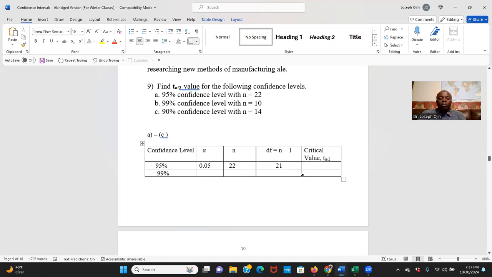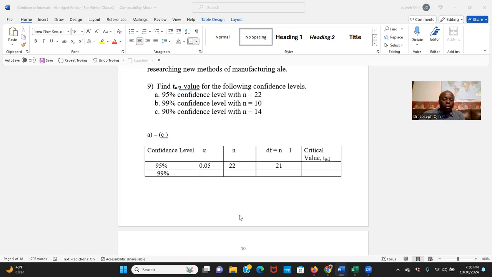And critical value. This time we're using T alpha over 2, not Z. So all we have to do is go to the table under the degree of freedom 21 and alpha 0.05 to find the critical value. Alpha 0.05 means 95%, and degree of freedom 21.